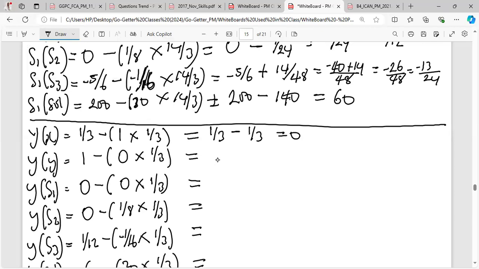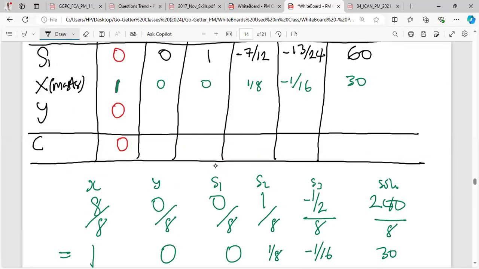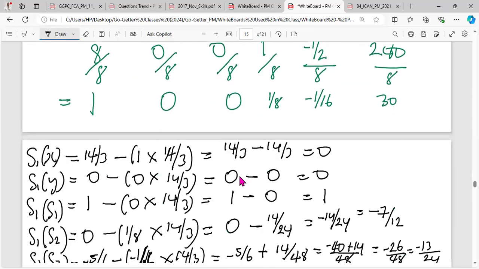There's already 0 there. This is going to give me 1 minus 0. That will give me 1. This will give me 0 minus 0. That will give me 0. So let me write this 1 and 0 before I continue. 1, then 0. Then let's go further.